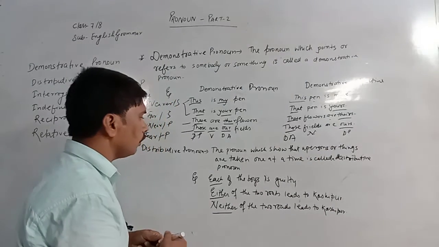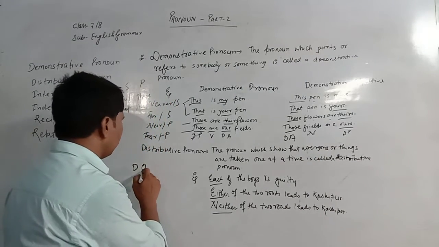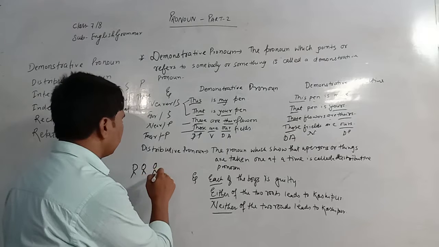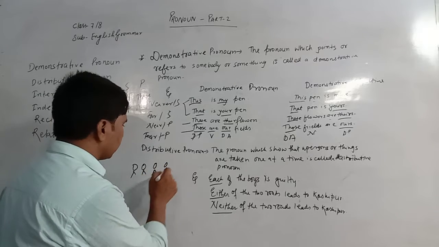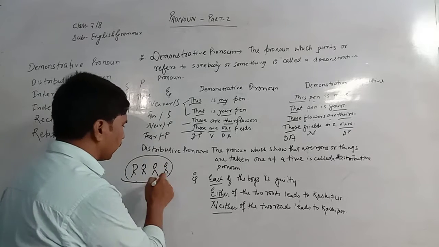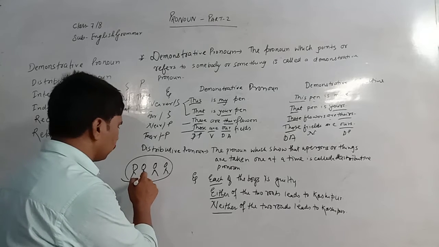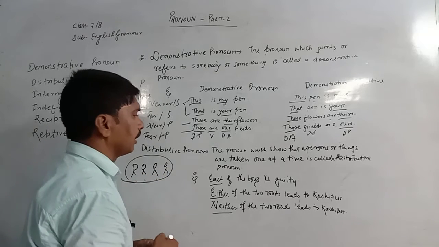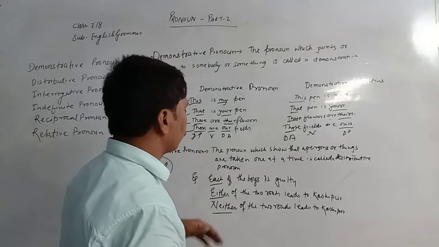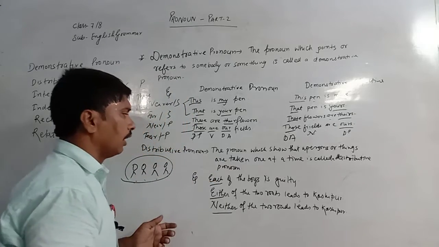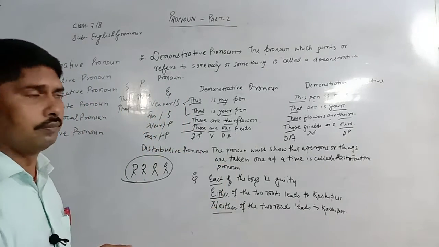If you give chocolate to these persons one at a time, first to him, then to him, then to him, then to him, that is called distributive pronoun. You are distributing something, but one at a time.